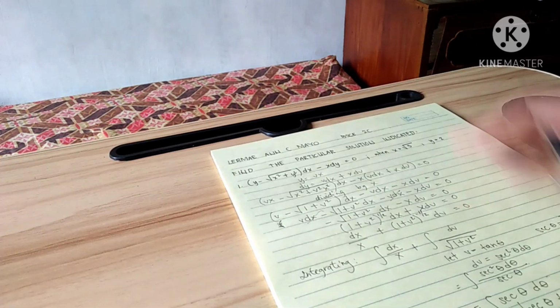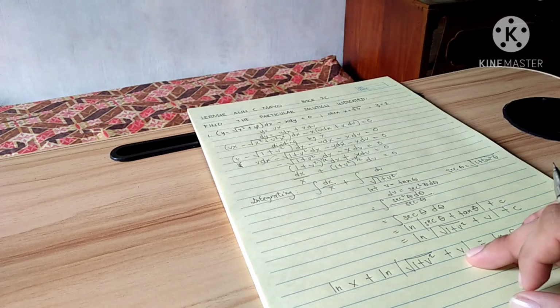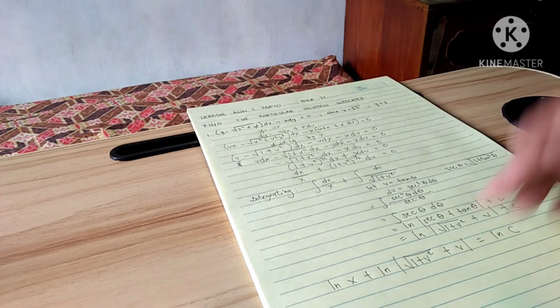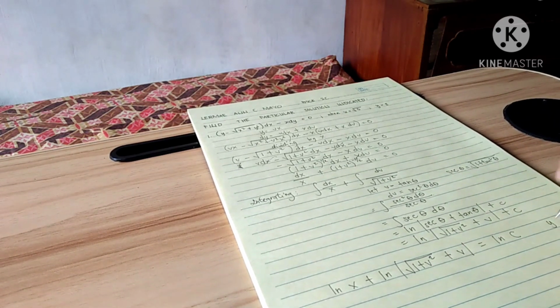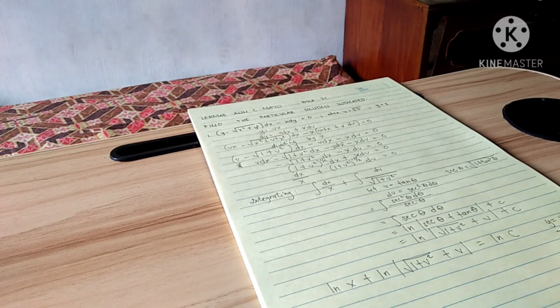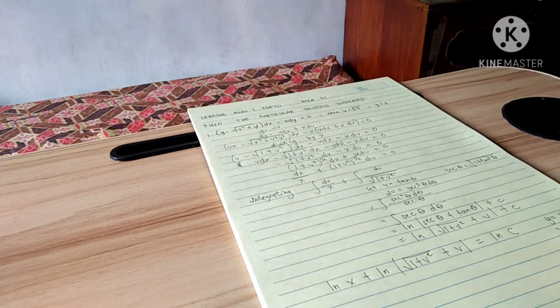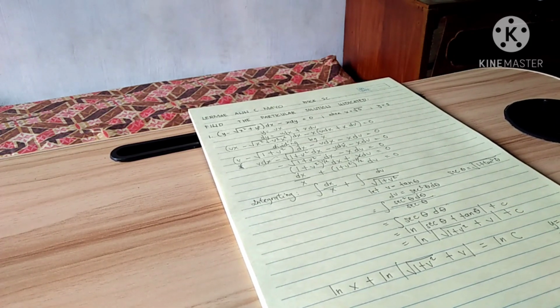In our term here, we still have v, so we must replace it. Earlier, y is equal to vx, so we can say that v is equal to y over x.